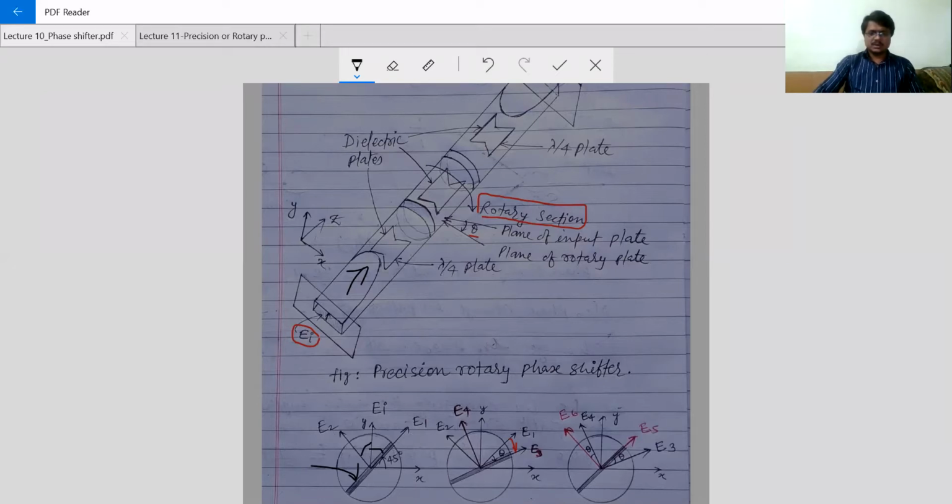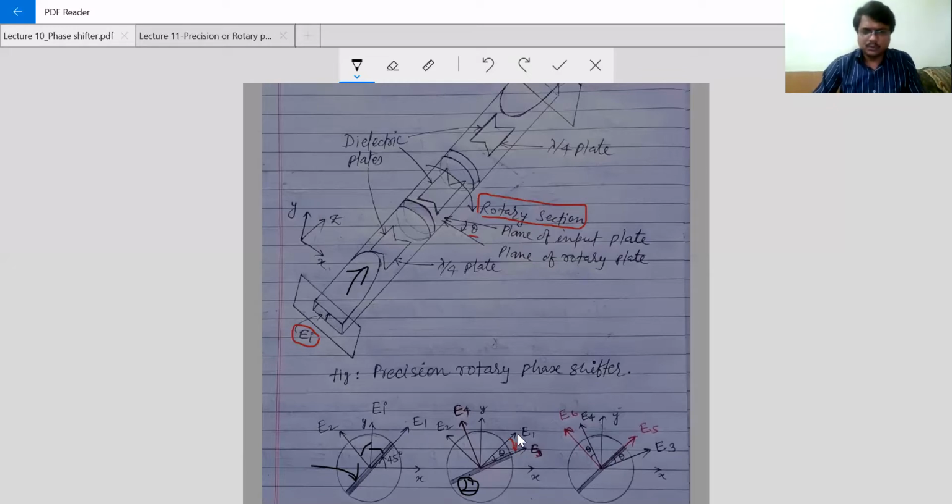Now, as we have discussed, this is the second plate, the central plate, and the angle between the input plate and this plate is theta. It is rotated by theta. Let us suppose we have marked it here as theta, and here we have calculated E1 and E2. E1 was EI sin 45, and E2 was EI cos 45.